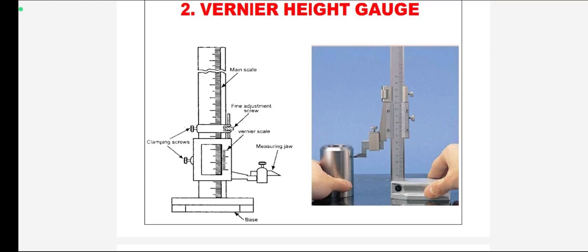The vernier scale is attached with the measuring jaw, and this measuring jaw touches the object to find its height.